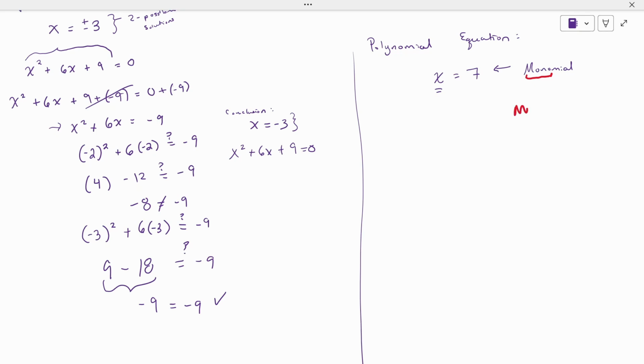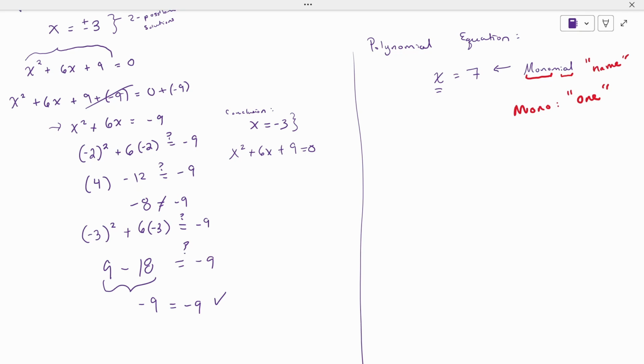Mono being Latin for 1. And the suffix IAL means number or name. It's kind of like nombre in Spanish. So nom really means one number or one name.